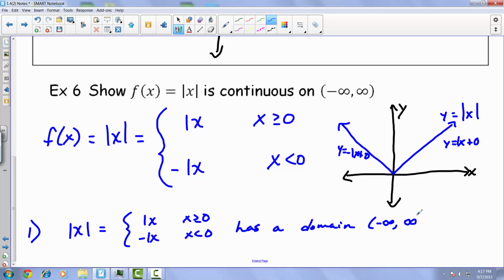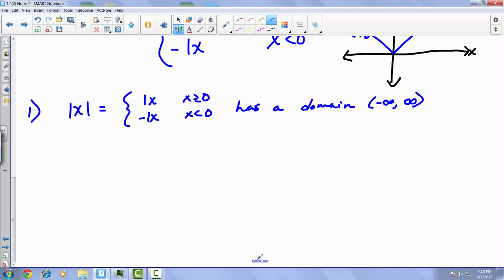We could even see that from our graph. These arrows will go on forever. And likewise, from the piecewise function, x values are going up and up, x values are going down and down. So criteria 1 is met by saying that the domain is going from negative infinity to positive infinity.